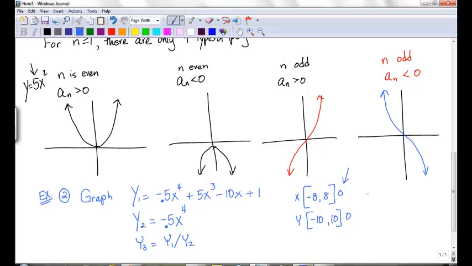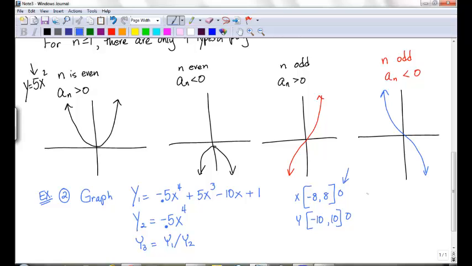So all I want you to do is put in the first equation: negative 0.5 x to the 4th plus 5x to the 3rd minus 10x plus 1. The second one, put in negative 0.5 x to the fourth.